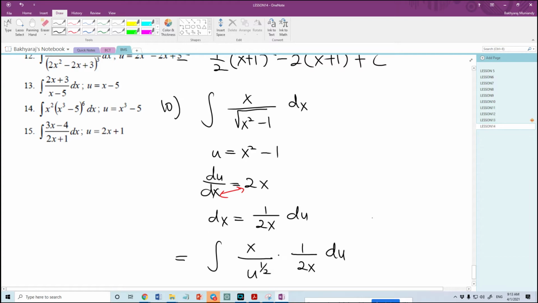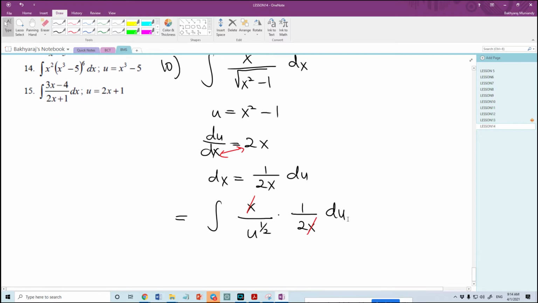Belum lagi. Okay, but this is a simple integration, because of what? Because simply can cancel the x. Ini tak ada masalah dah. You have no issue on cancelling x. Yang problem, number 9, we had a problem just now, because we cannot simply cancel the x.